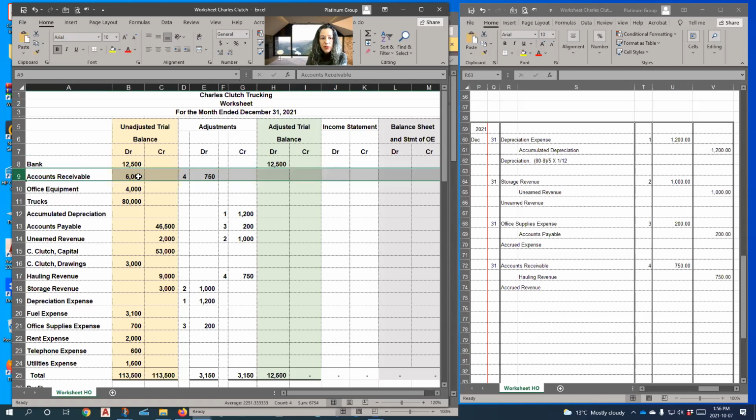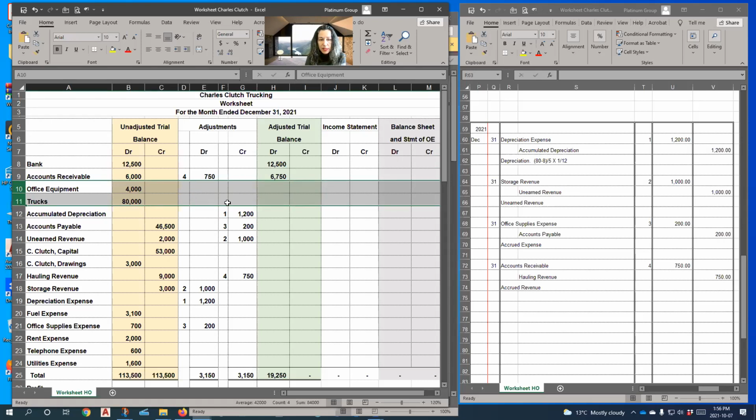If we look at accounts receivable, we can see in the unadjusted trial balance, we've got $6,000. In our adjustments, we have a debit of $750. So a debit of $6,000 and a debit of $750 makes an even bigger debit of $6,750 in the adjusted trial balance debit column H. Office equipment and trucks, $4,000 and $80,000.